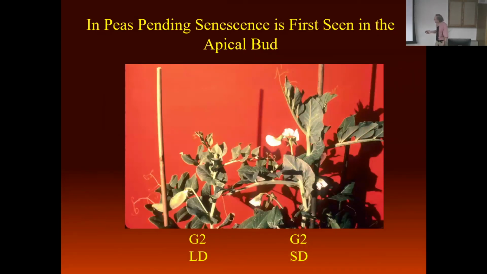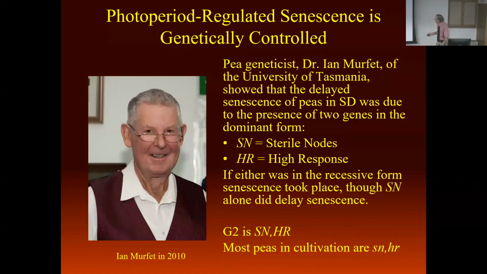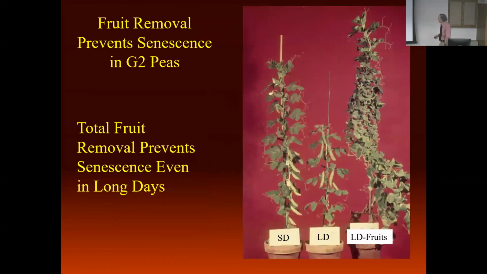Here's what you see. The apex keeps growing in short days but not in long days. During a sabbatical here and his subsequent work, Ian Murfitt, working with Jerry Marks, worked out that there were two particular genes in a dominant form that gave this delay in senescence in short days.